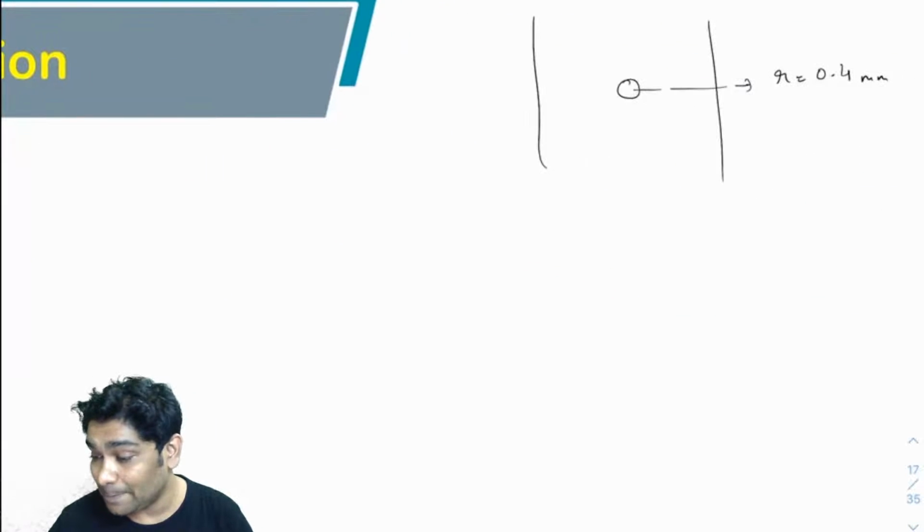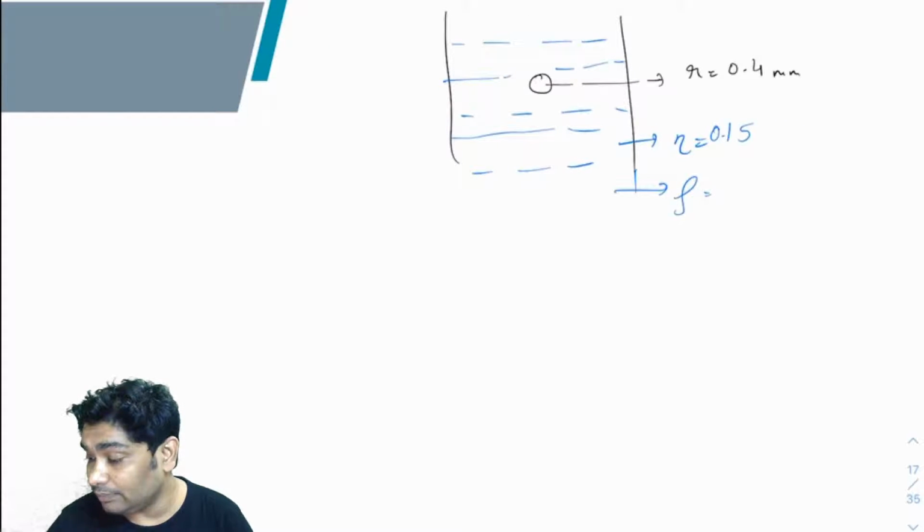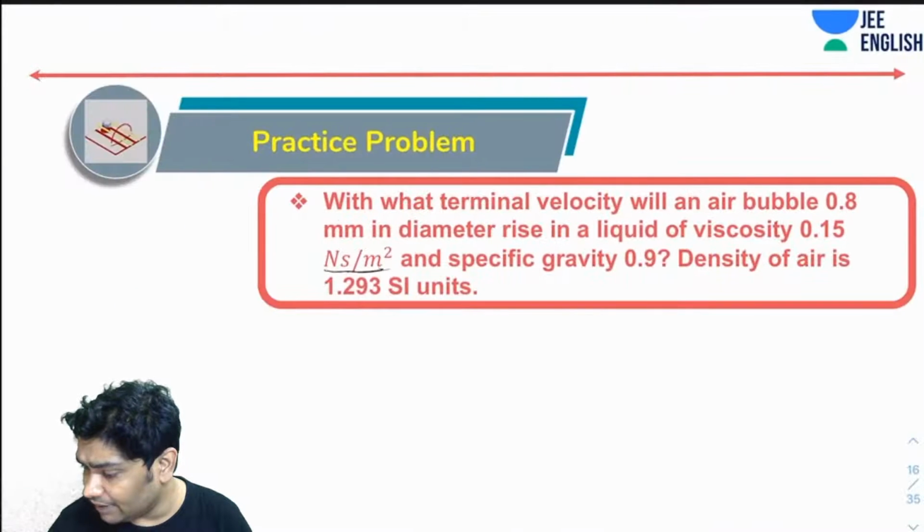So for the liquid that we have here, the eta is 0.15 and density would be, it was 0.9 if I'm not wrong. So 900. Yeah.